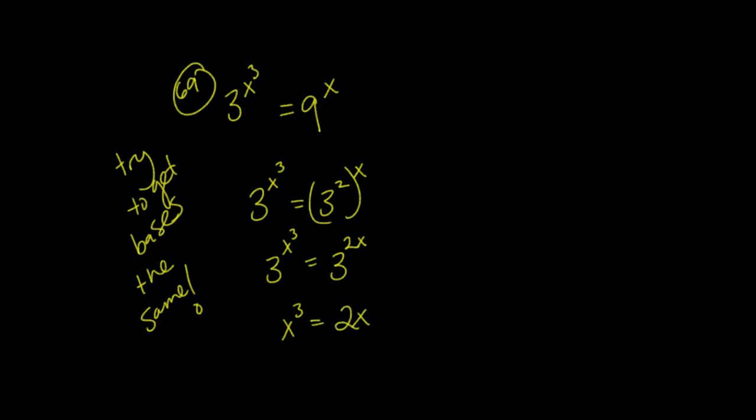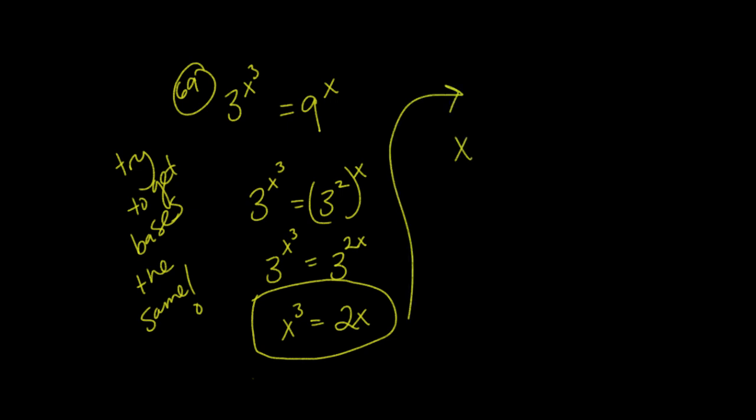So the exponents should be equal, right? How do you solve an equation like this? What did we do in chapter 3? We learned how to solve equations like this, polynomial equations. It's a third degree. So I'm going to think about it as trying to find the zeros. So bring that 2x over to the other side. Do you see that the greatest common factor is x?